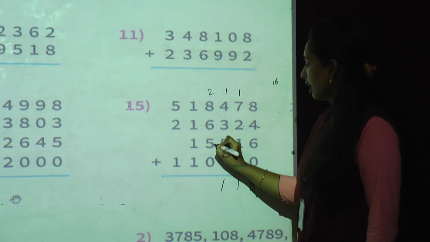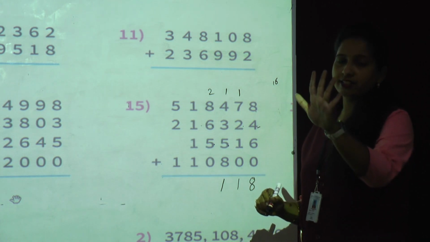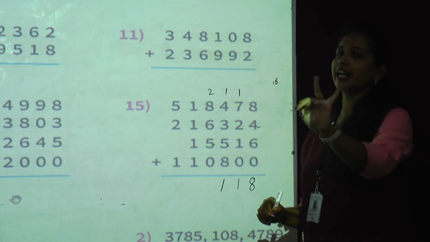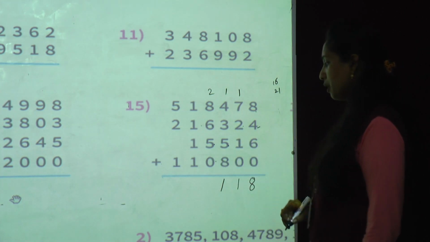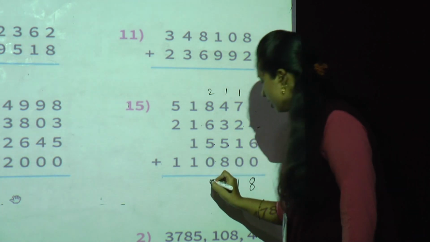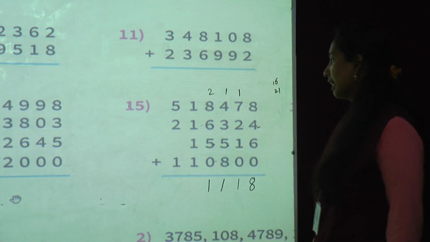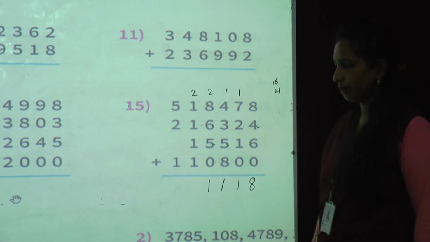Now 16 I have written. Now we have to add 5. 16 after 5 singles, 17, 18, 19, 20, 21. So write 21 and 0. When we add 0 in 21, we get 21 as it is. So write 1 in thousands place and 2 will carry to 10,000s place.